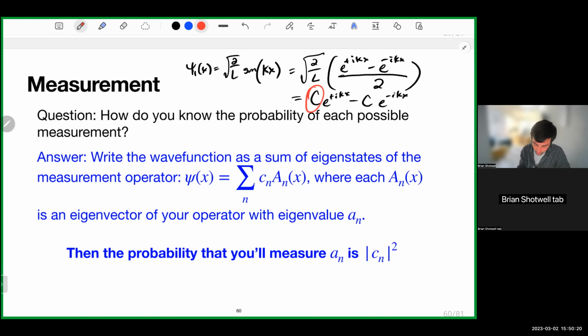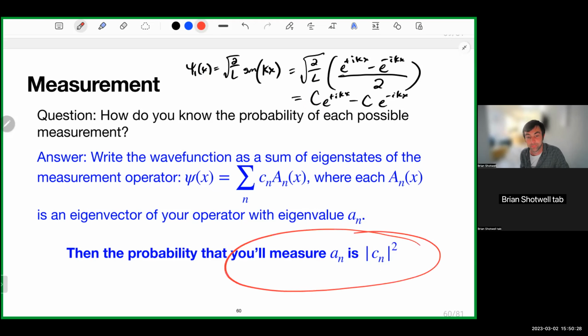So the probability that you'll measure this result is that you just take this coefficient and you square it.